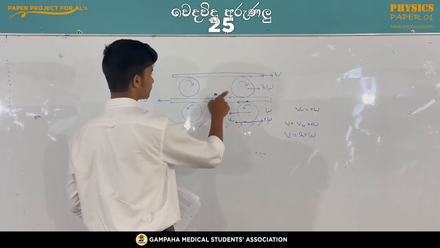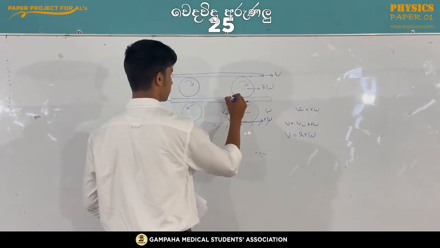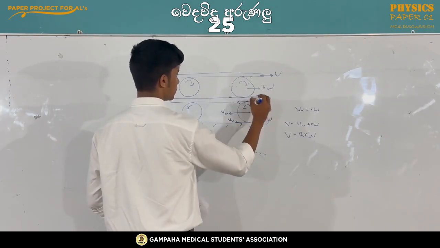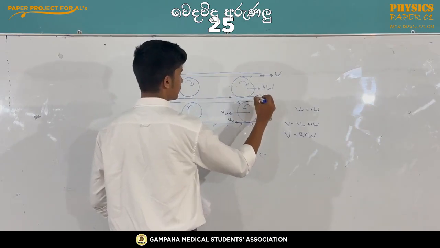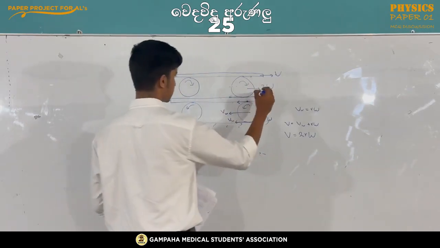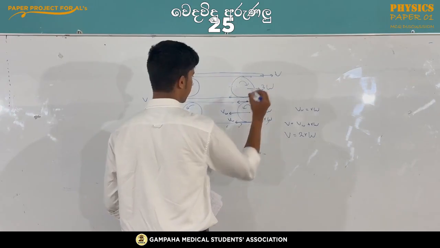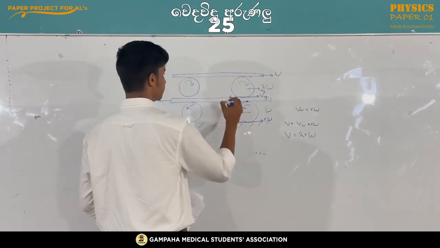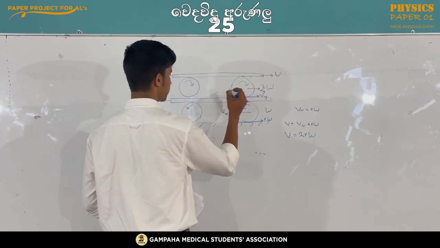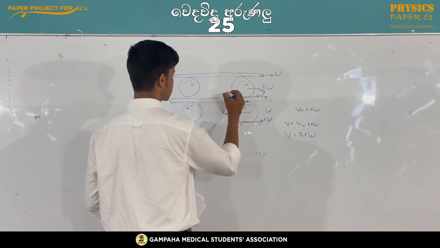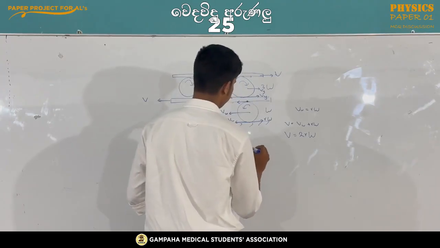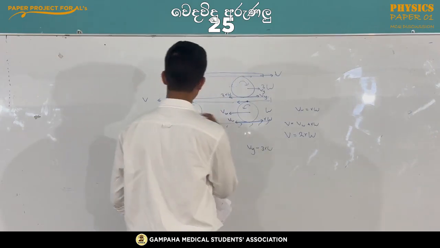And once again here, there is a linear velocity of v_y. If we consider the linear velocity of the sphere as v_y, and then there is a tangential velocity of 3r omega, then 3r omega minus v_y will be equal to v.